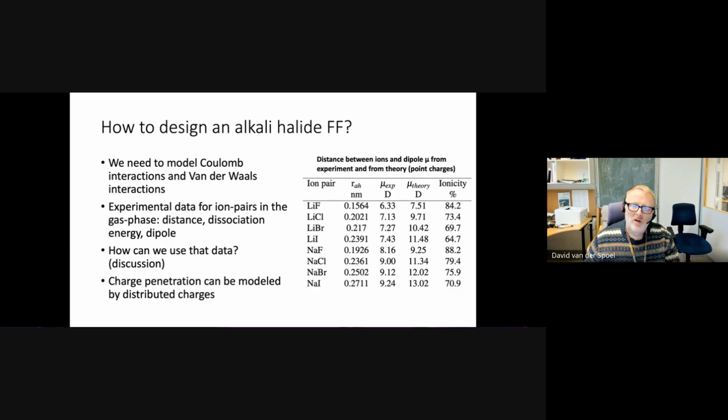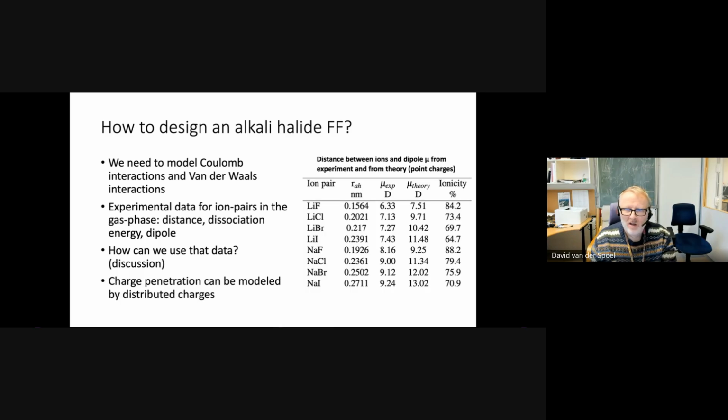We can adapt those Gaussians to reproduce the dipole of the molecules. Once we have the charges and the Gaussian width that give us the experimental or very close to the experimental dipole, we can also calculate the electrostatic energy between those two particles.